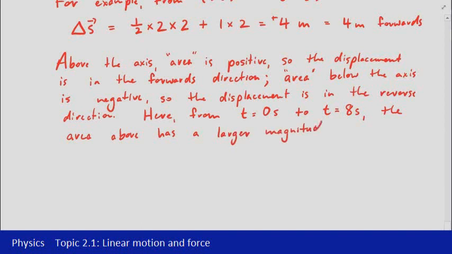So we can simply add the two together, the positive area above and the negative area below, and as a result that means that we're going to end up with a positive answer. So the final displacement at t equals 8 seconds will still be forwards.